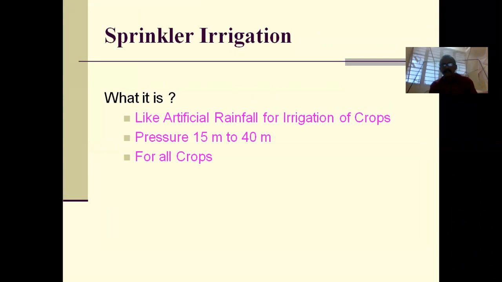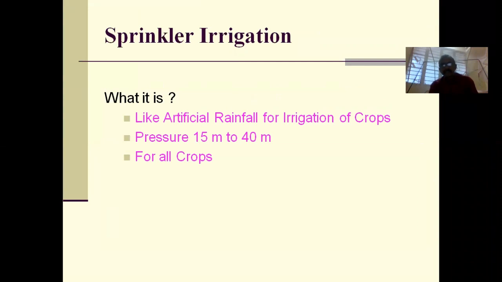If the water level in the well is, say, 100 meters below the ground, then your pump should be able to develop pressure for lifting the water from the lower elevation to 100 meters, and over and above that you should have a pressure of 15 meters to 40 meters. That means your pump should be able to develop 115 meters to 140 meters of pressure.